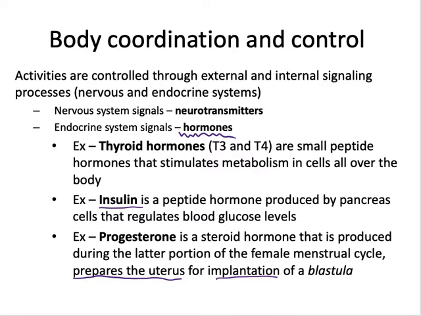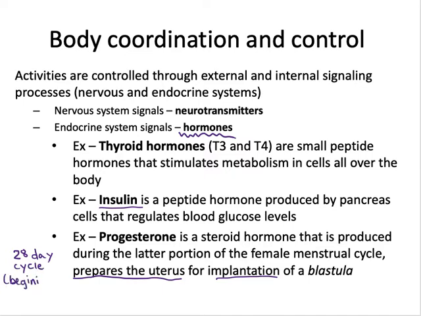So in Unit 4, we learned that egg fertilization results in the formation of a zygote, and then that zygote develops into the blastula through cleavage reactions. So in a female, let's say, that has a cycle of an average of 28 days, this begins on the first day of menstruation.